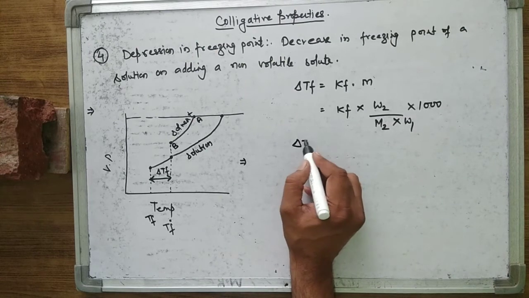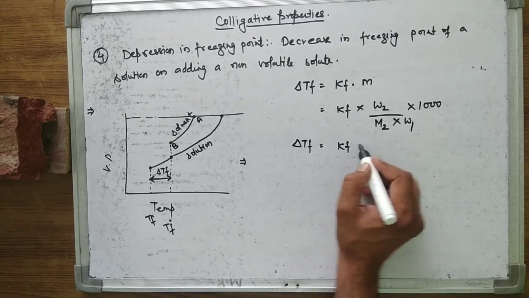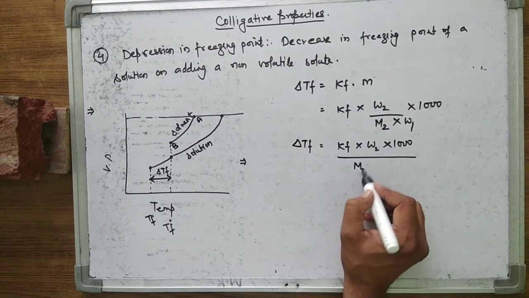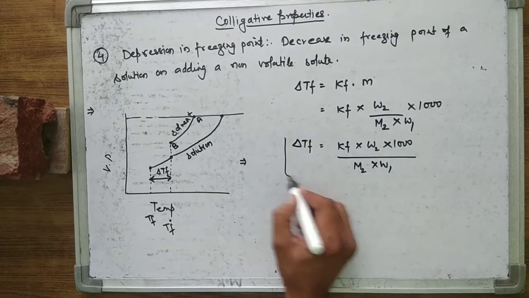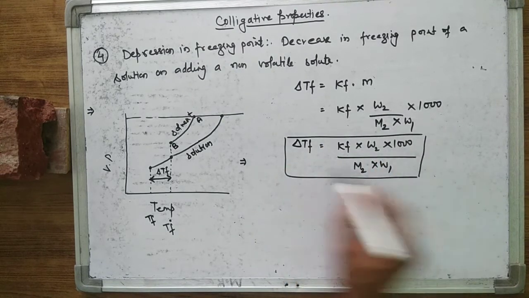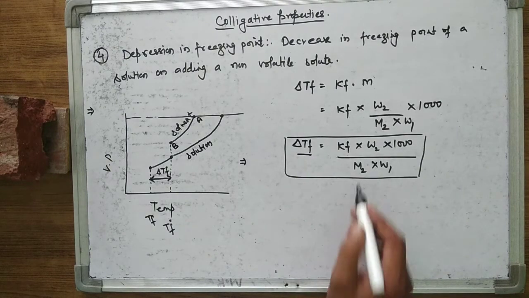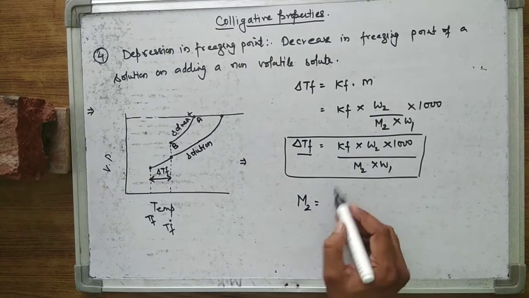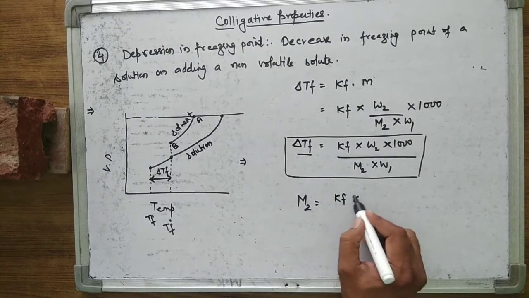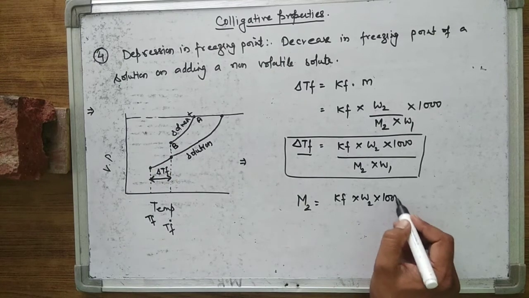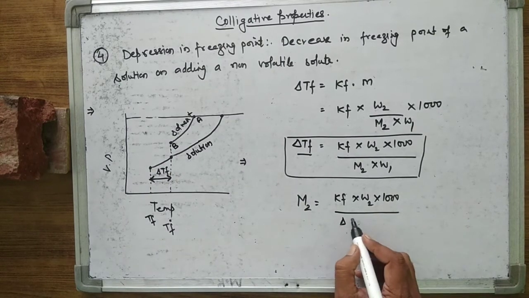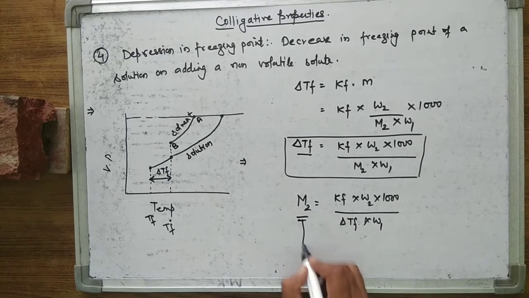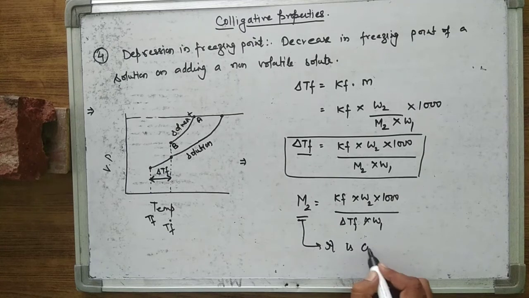From this expression, delta TF is equal to KF W2 into 1000 over M2 W1. With this we can calculate the depression in freezing point of a solution. From here we are also able to calculate the molecular mass of a solute. So it proves that it is a colligative property.